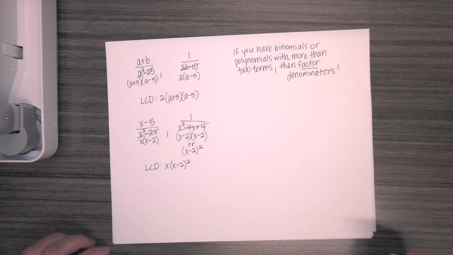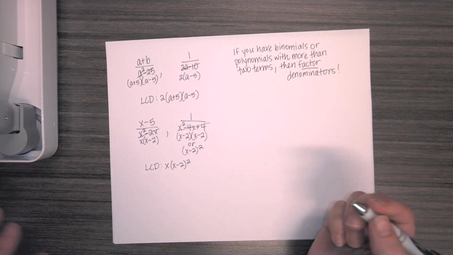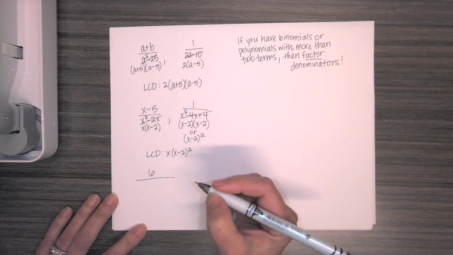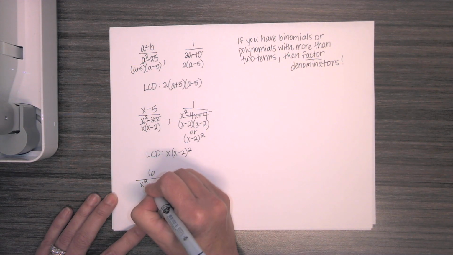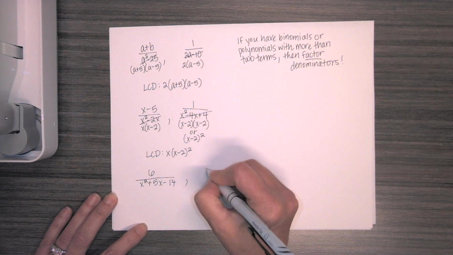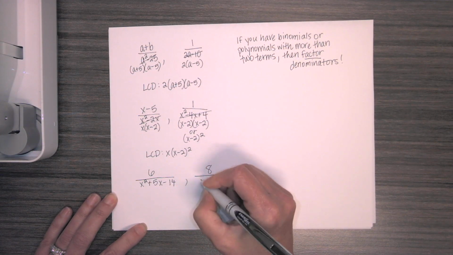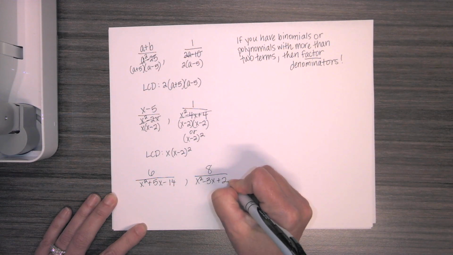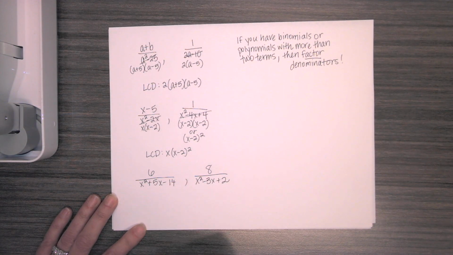Okay, one more. We'll have 6 over x squared plus 5x minus 14, and 8 over x squared minus 3x plus 2. Again, we've got trinomials in the denominator.